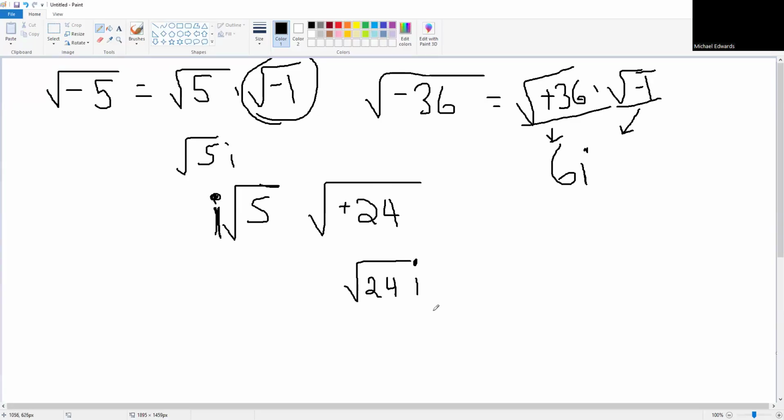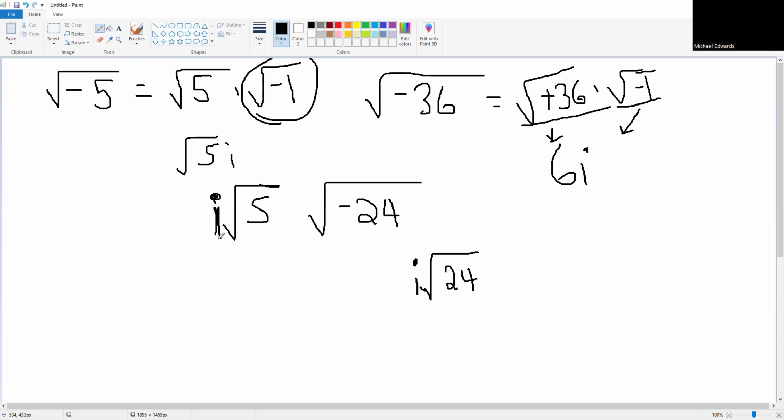Let's put the i first. There. Now we can simplify the 24 by taking out some factors, but this is acceptable because it's still a square root of 24, no matter how you write it. All right.